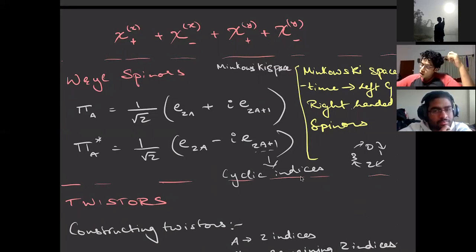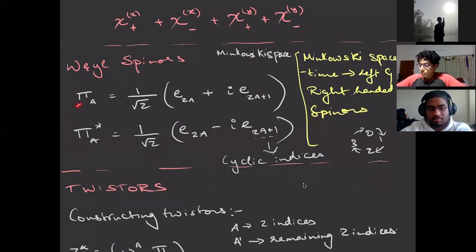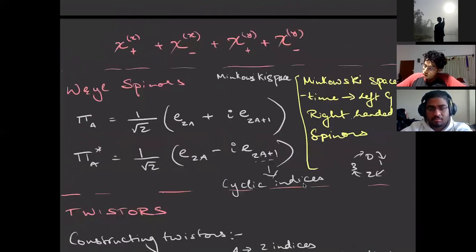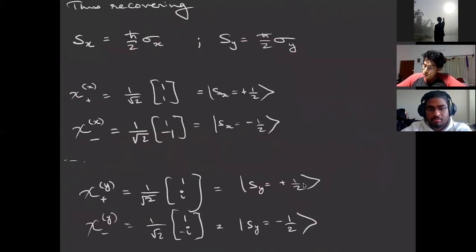So when I talk about 2a plus 1, that actually means that if a is 1, then you move along the circle, right? So now we define our Weyl spinors pi a to be 1 by root 2 e to a plus i e to a plus 1, that is the same as this essentially.